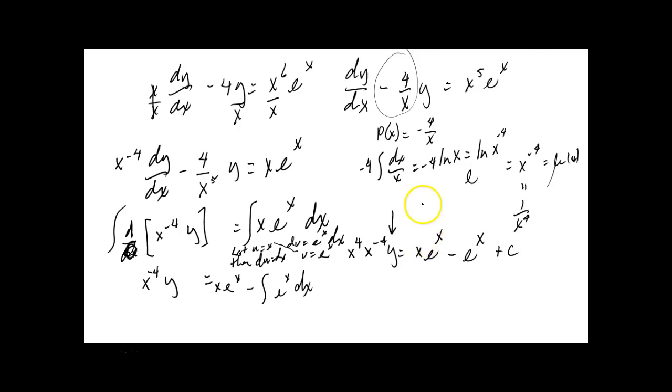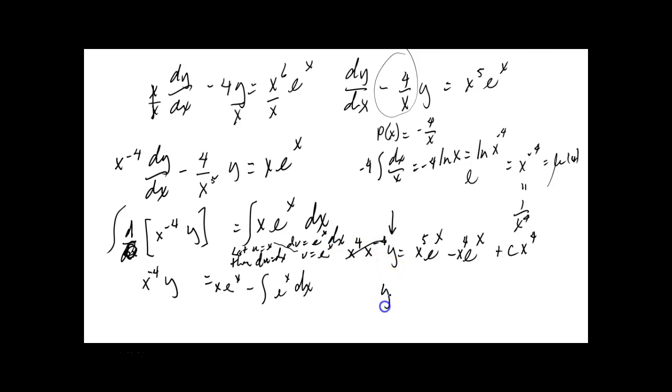So do this to x to the fourth, that'll make x to the fifth, right? And this will be times x to the fourth, and this will be times x to the fourth. Okay? So these go out.